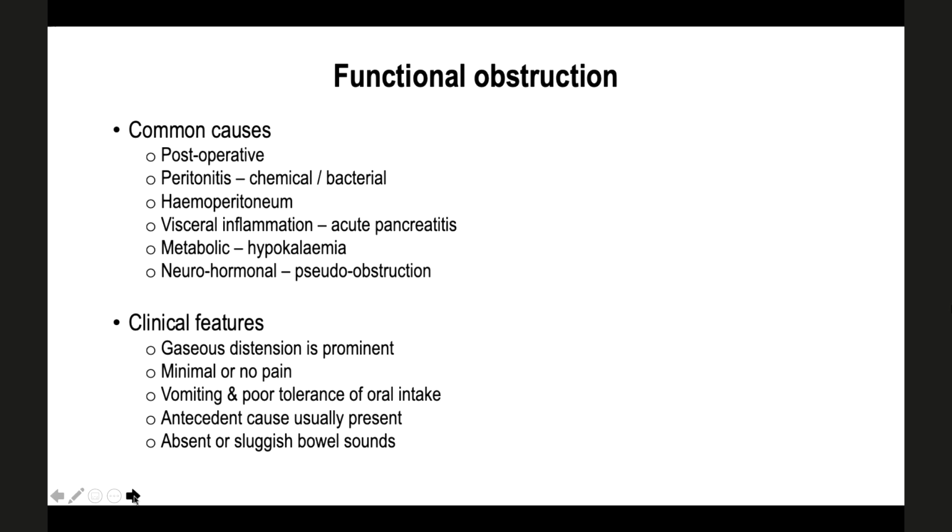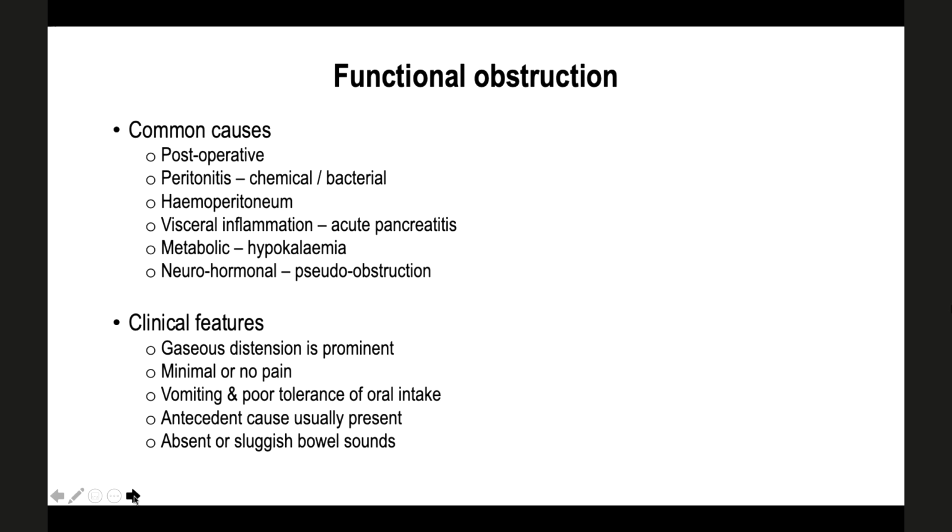So there is gaseous distension, but what they don't have for that amount of distension is pain. If somebody has got paralytic ileus or functional obstruction, they do have minimal pain or no pain. So that's one of the important ways in which we help to differentiate it.